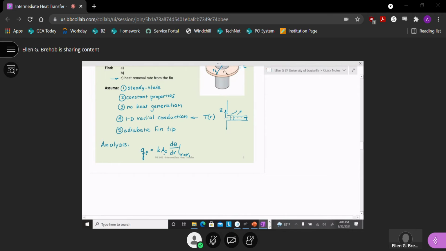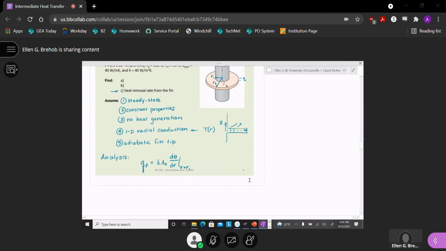So K, a cross-sectional area, and then d theta dr, the temperature gradient. In my picture, I sliced off the fin, and we're saying any heat that conducts through that fin ultimately has to be lost off of that fin surface, convected away from the surface.